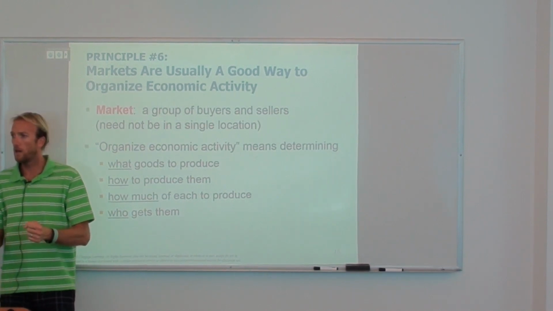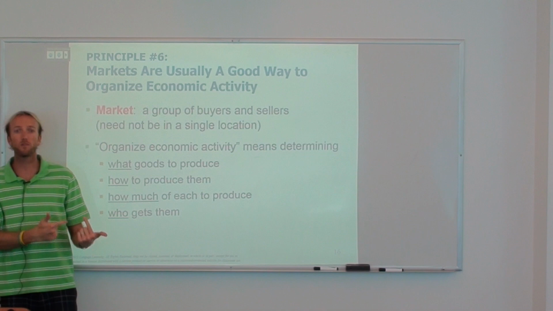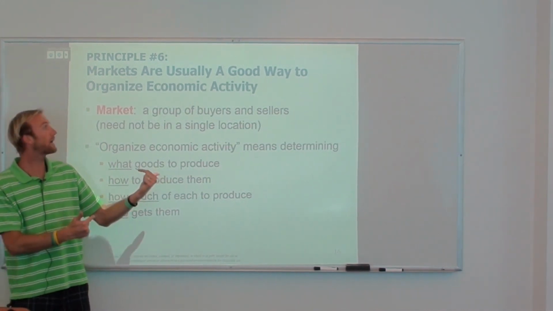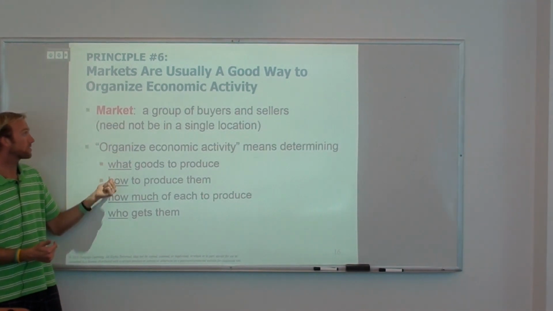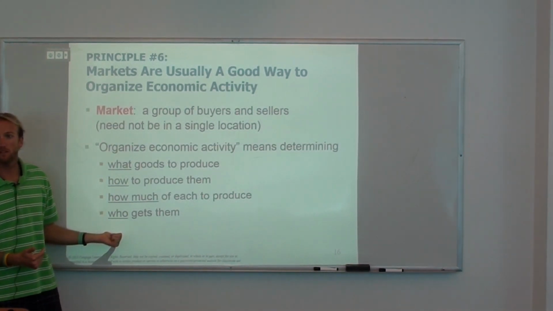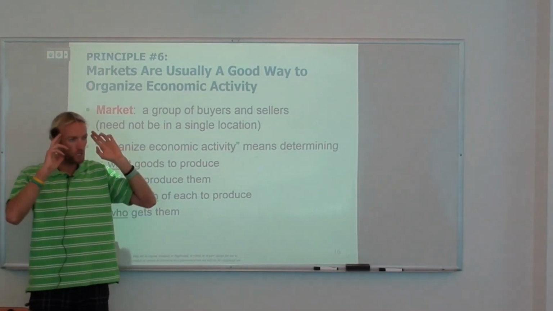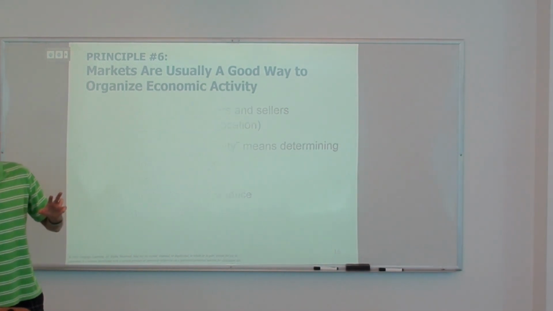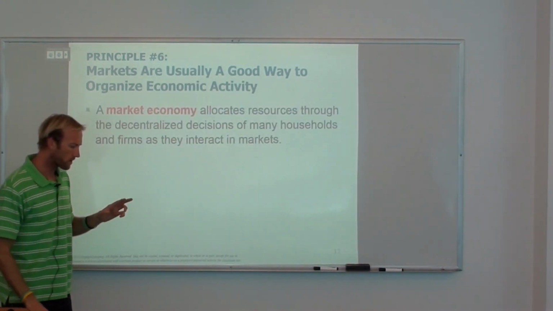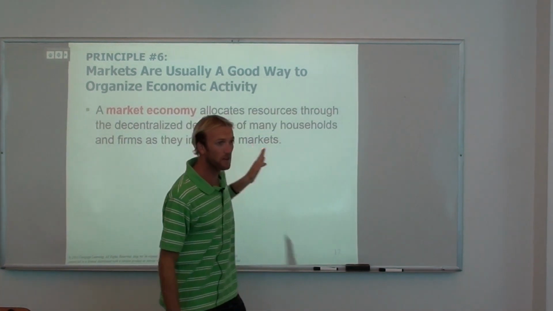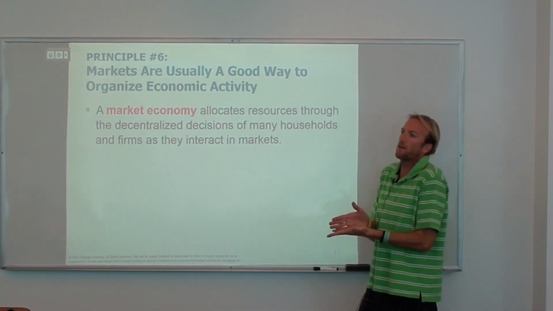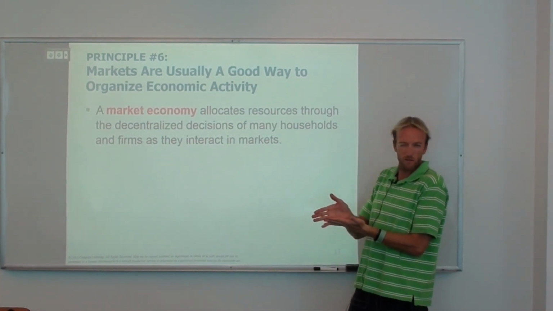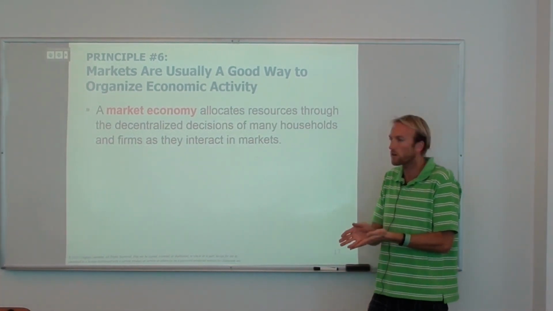The idea for this principle is that you can't do better than just letting a bunch of buyers and sellers organize the economic activity all alone, which is kind of crazy. When we rely on this, it's called a market economy, okay? And that is, for the most part, what America tries to look like, a market economy.